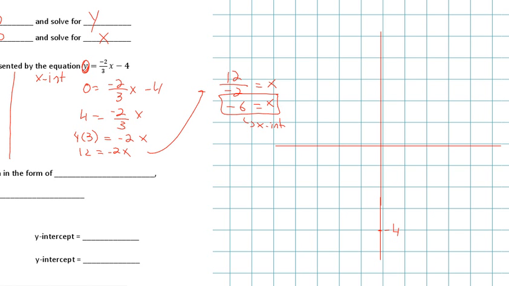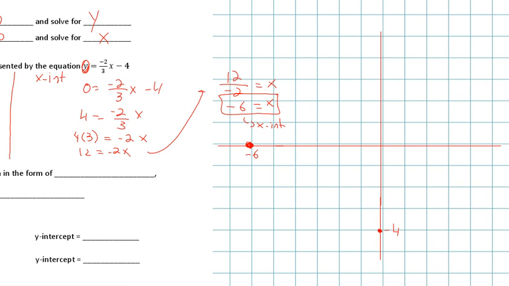And the x-intercept is negative 6. So that's my other point. So you see that I can draw a line between these two, right?